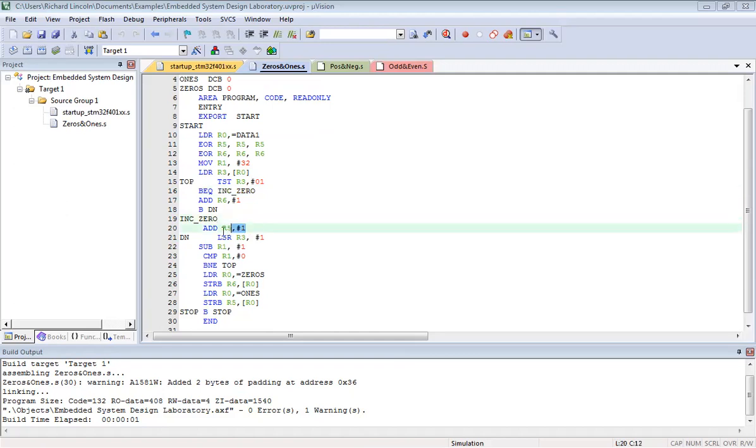R5 will give me the number of zeros and R6 will give me the number of ones, right? Suppose it is not equal, then I'm going to add R6 with 1 because R6 is keeping track of the number of ones. So yeah, this is done.